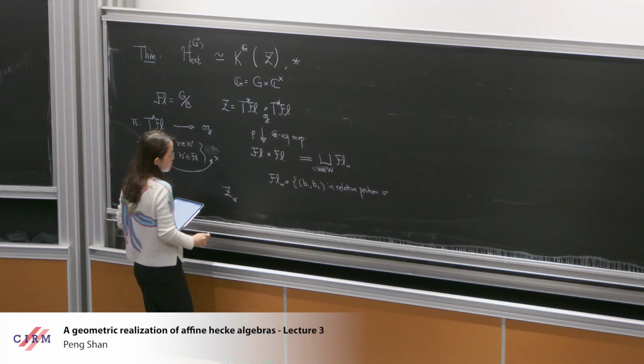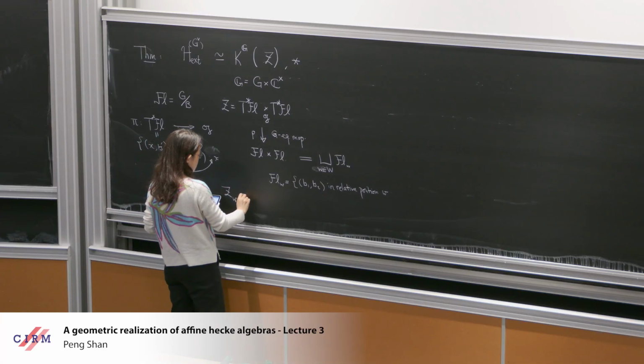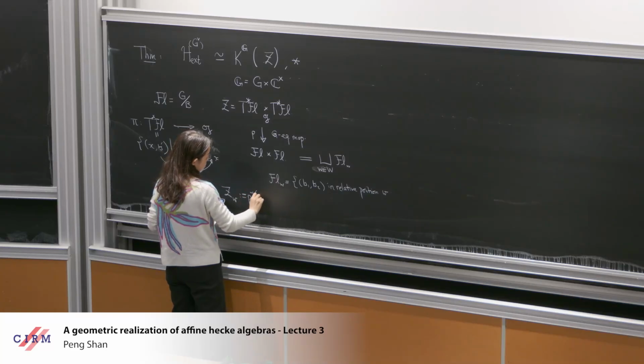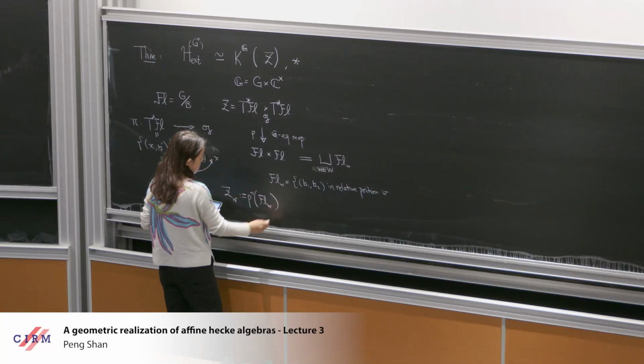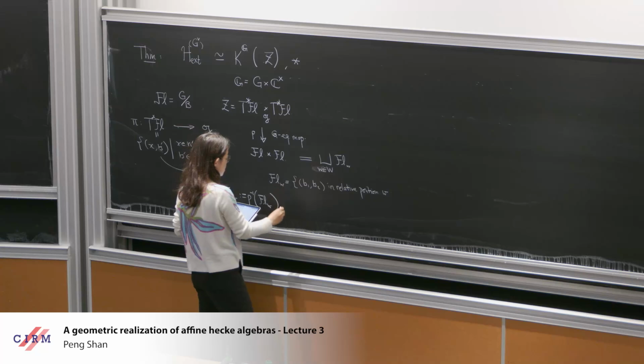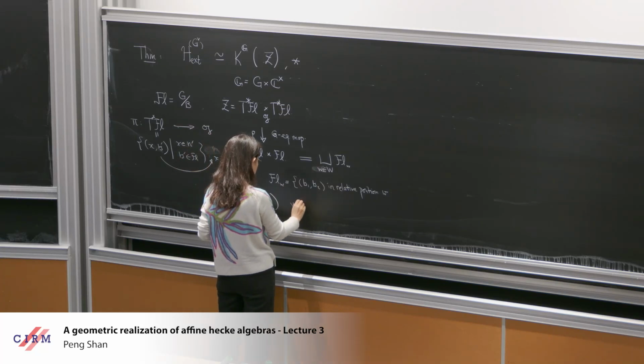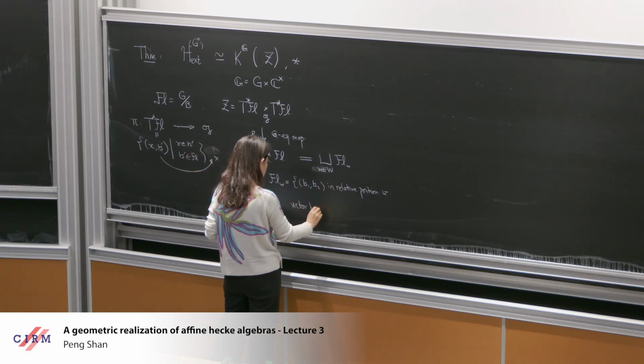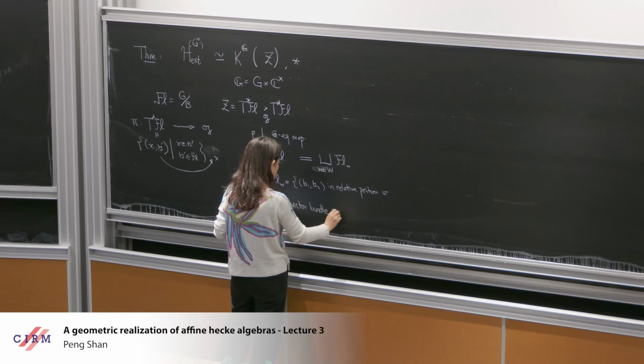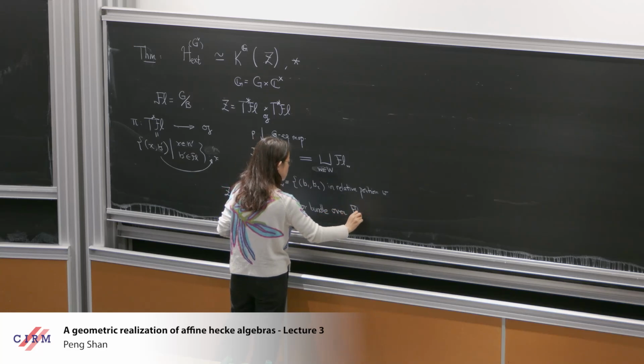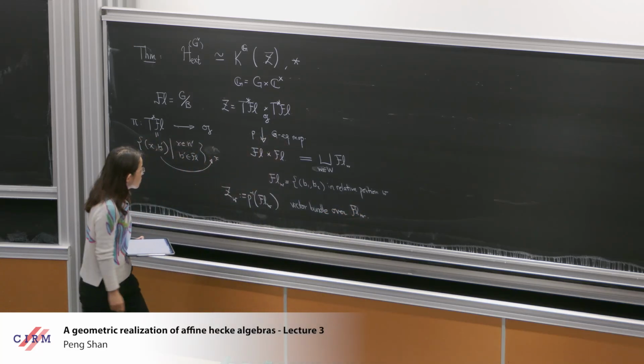And we have explained that Z_w, which is defined as the pre-image of this orbit, this is actually, via P, a vector bundle over Fl_w.